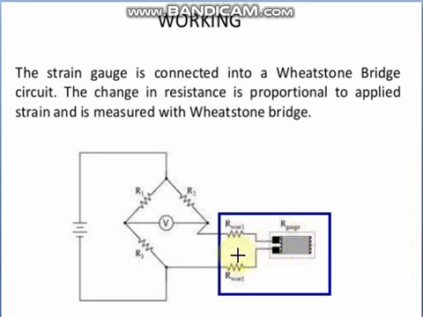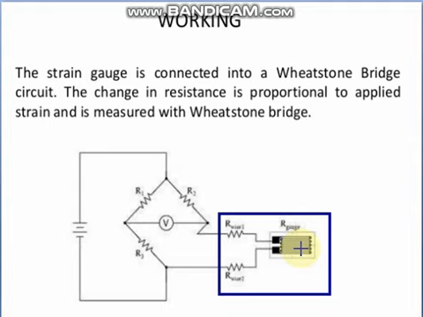If the resistance is changed, then there will be an unbalanced condition across this Wheatstone bridge, which will allow the voltmeter to show the reading in the form of voltage, which is actually the replica of strain, which is the result of stress or force on the strain gauge.